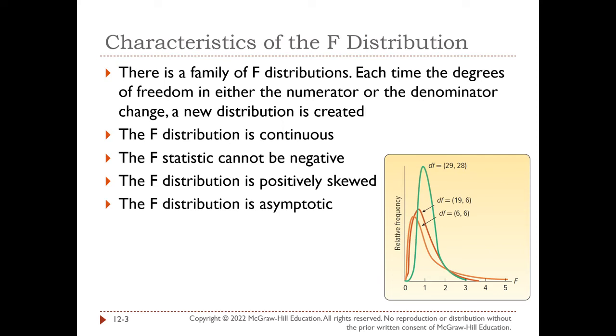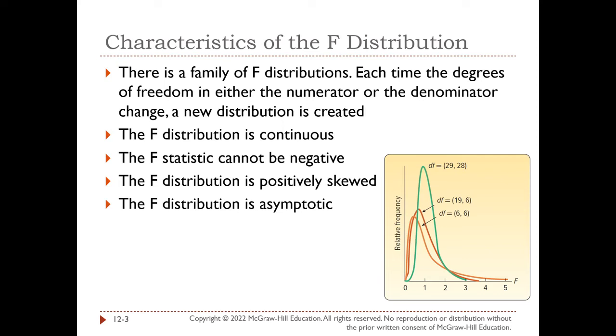To use the F distribution, the populations must follow a normal distribution, and the data must be at least interval scale. The value of F can assume an infinite number of values between 0 and positive infinity. Remember, it can't be negative. The smallest value F can assume is 0.